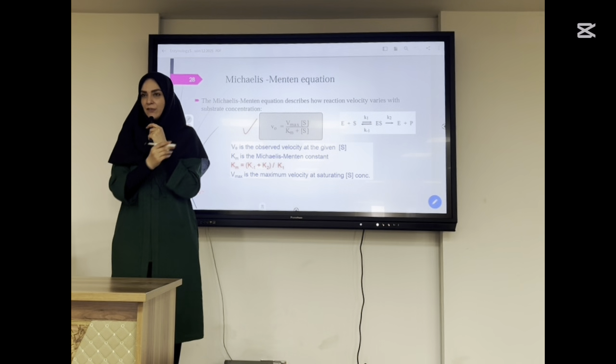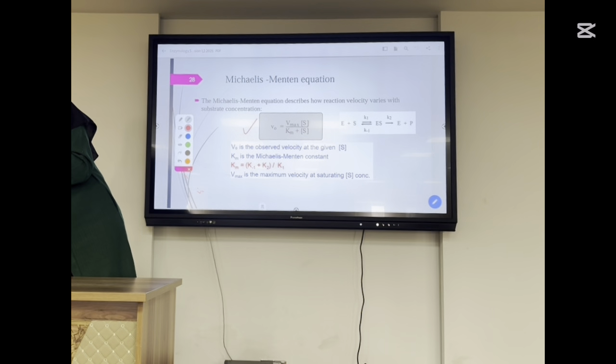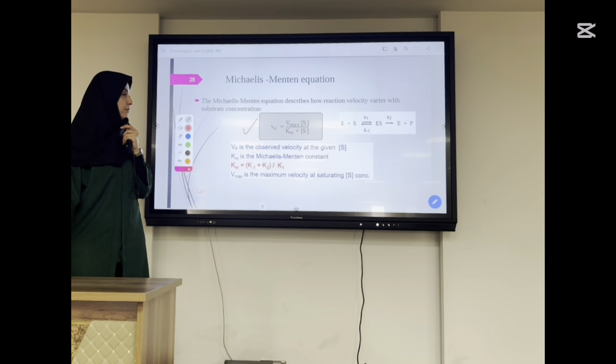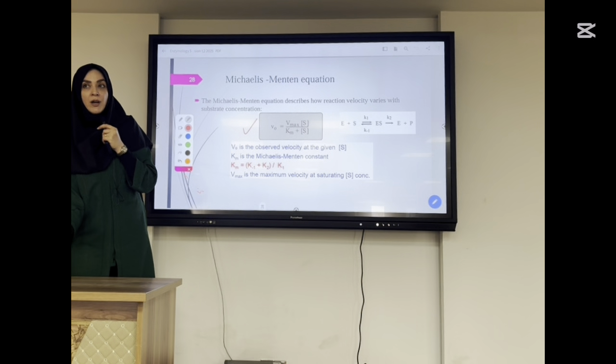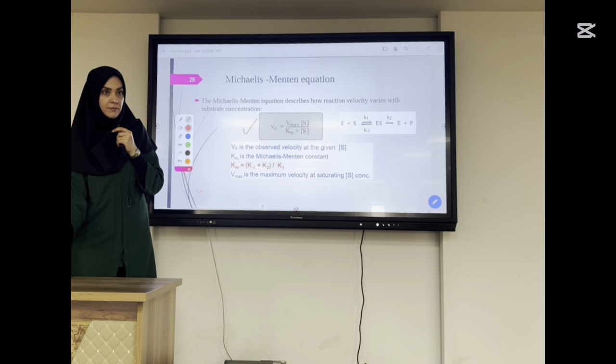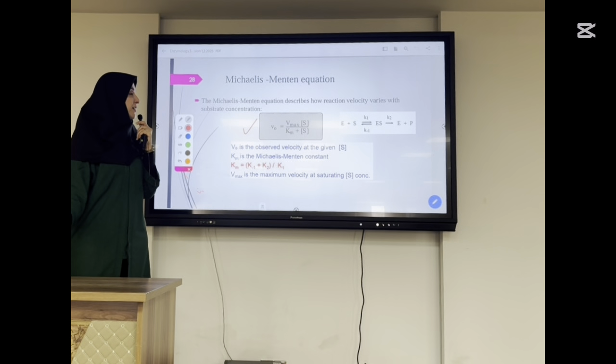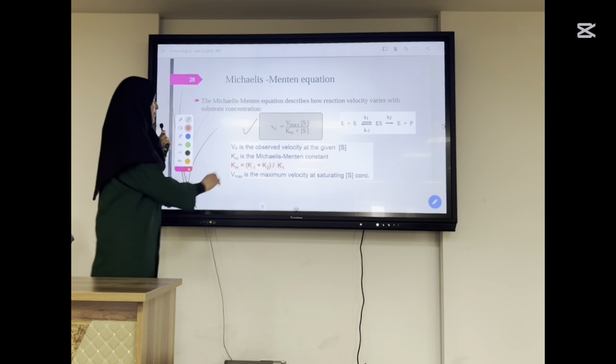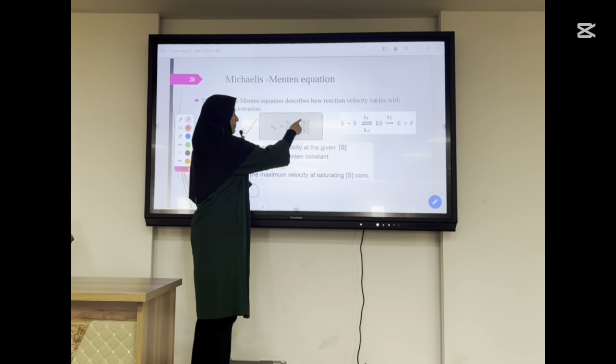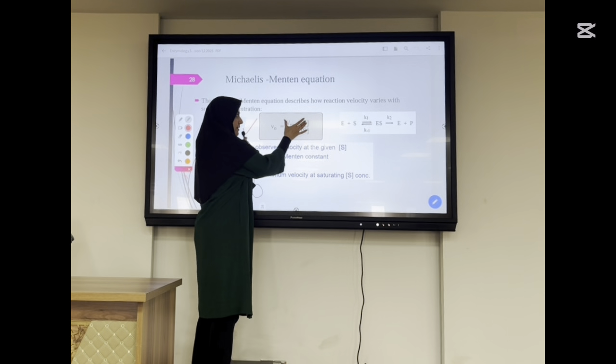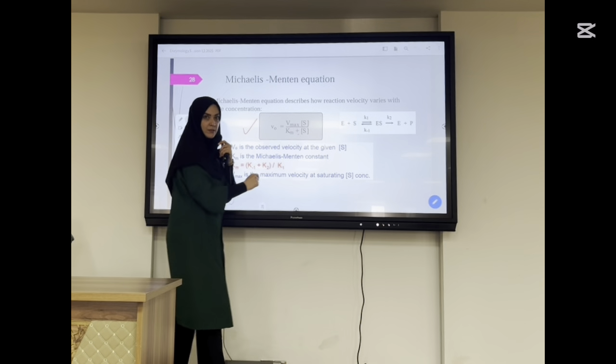For a few seconds, focus on this formula because I want to use it for the next slide. Focus and try to memorize this formula. V0 equals Vmax times substrate in the numerator, in the denominator Km plus substrate, okay?